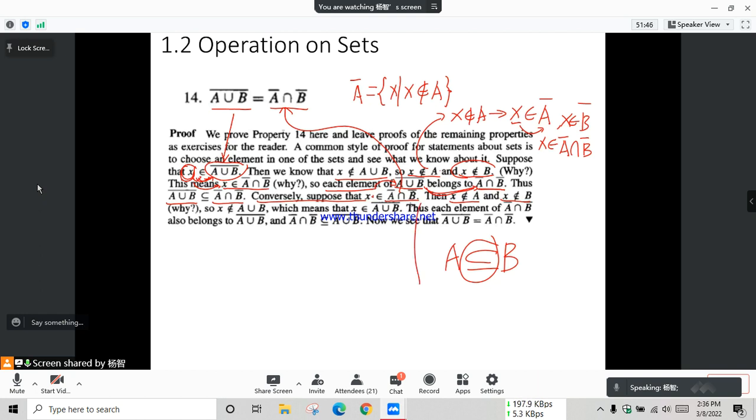Okay, let's separate this expression. This means x belongs to the complement of A, and x belongs to the complement of B. Is that right? So x belongs to the complement of A, it means x does not belong to A, and x belongs to the complement of B means x does not belong to B. Alright.